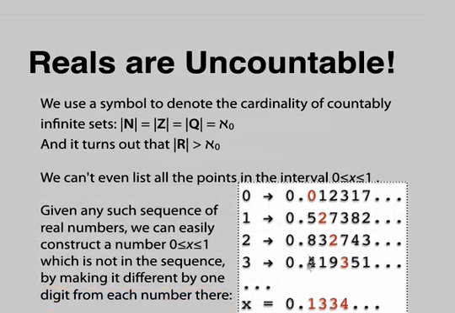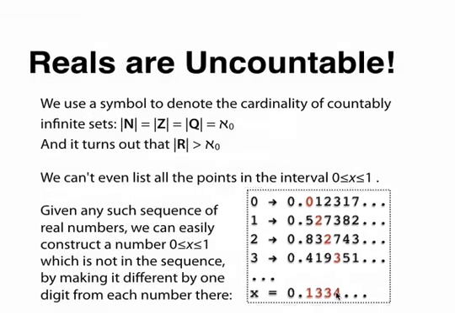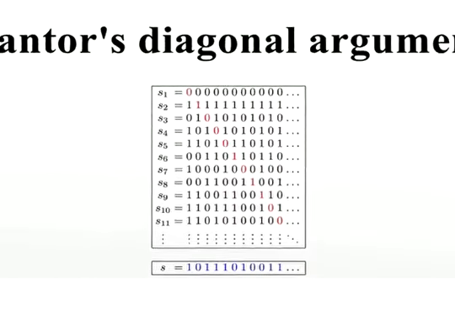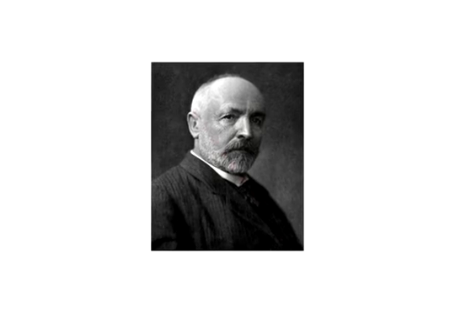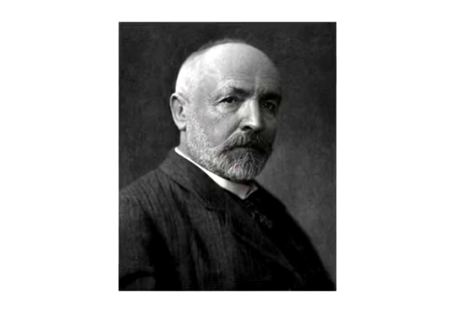Let's say it's 0, so we're going to make it a 1. It's a 2, so we're going to make it a 3. Here's another, let's make it different from this number by making this 2 a 3. This 3, we'll make a 4. And so forth, right? This is called Cantor's diagonal argument, named after Georg Cantor, a German mathematician.